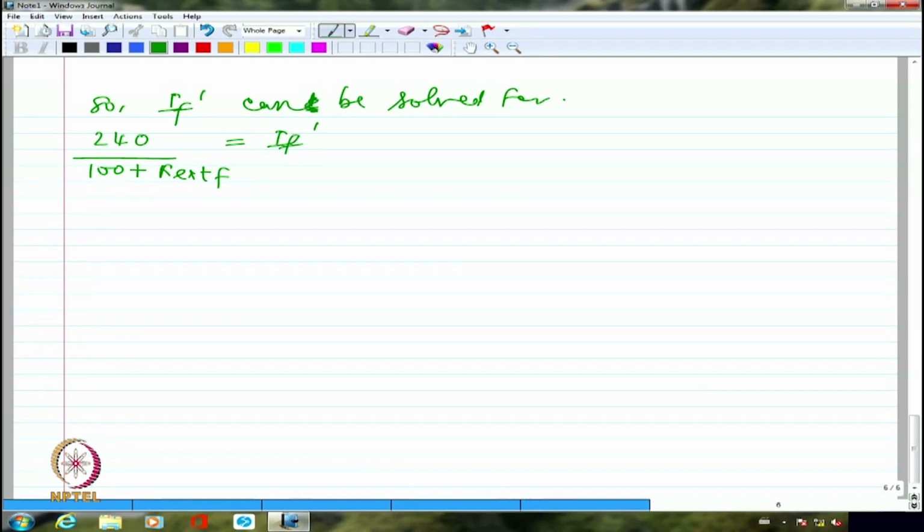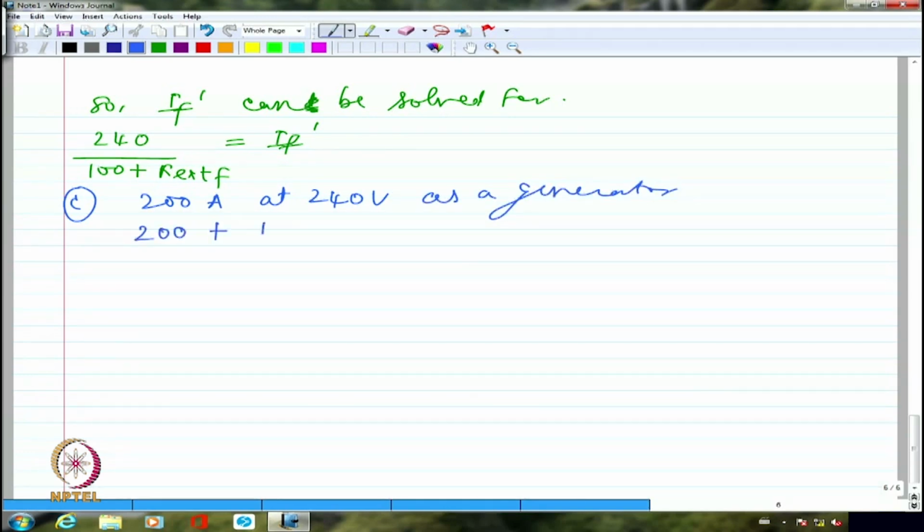Part C. Part C is generator. So part C says, if the machine is run as a generator to give 200 ampere at 240 volts. So in part C, I am going to have 200 ampere at 240 volts as a generator. So 200 plus IF.